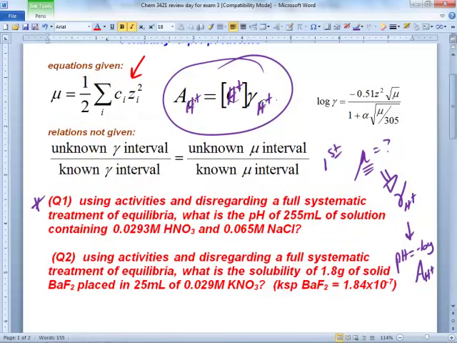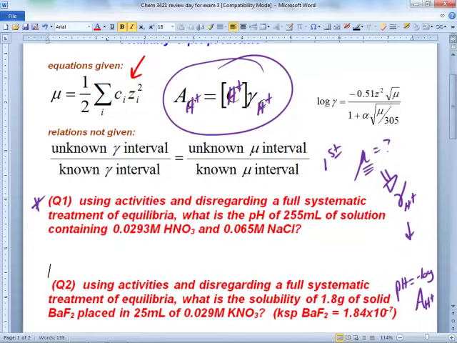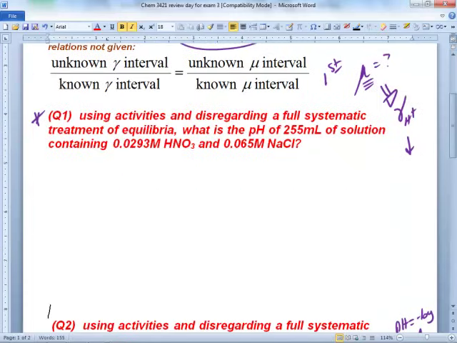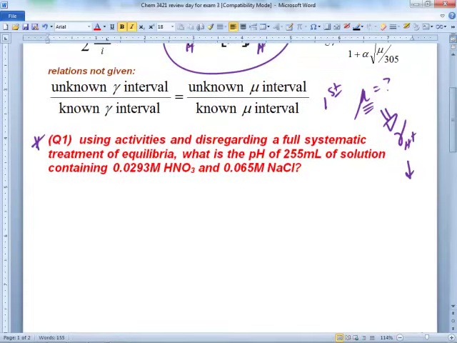There's no way it's going to be in our table, right? You're going to have to interpolate. What confuses me is which ions do you like above? Yeah, cool.